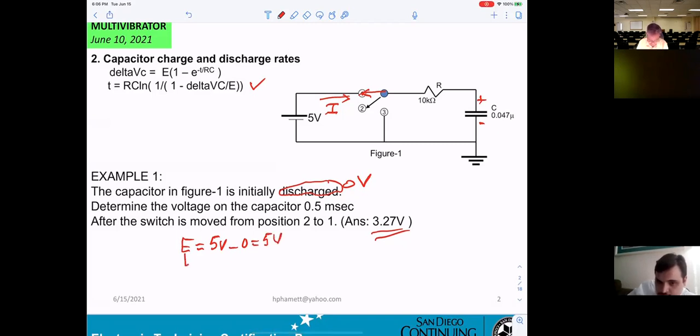And the time t equals 0.5 milliseconds. So it's easy to calculate delta VC. Any question?